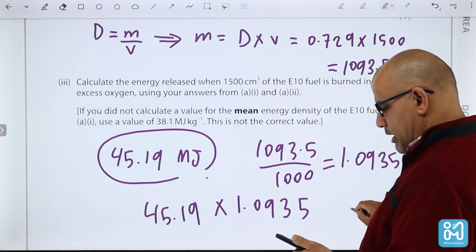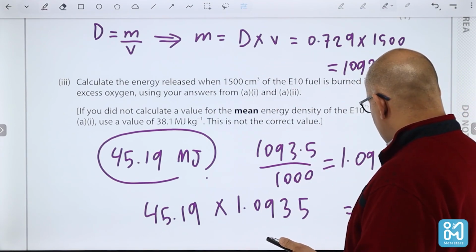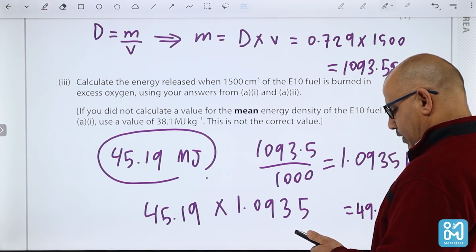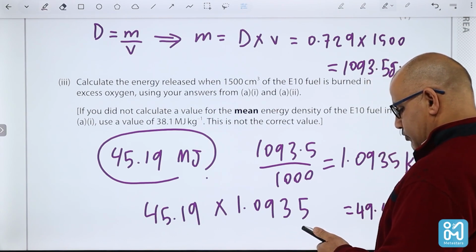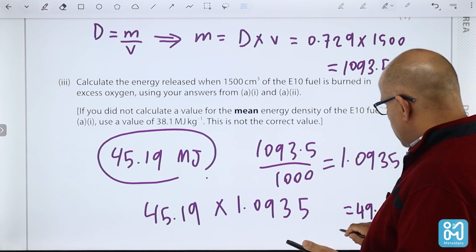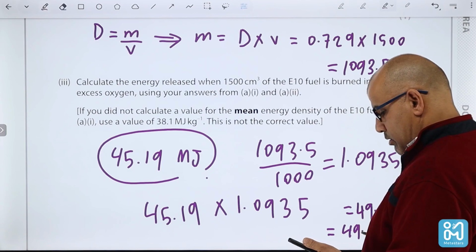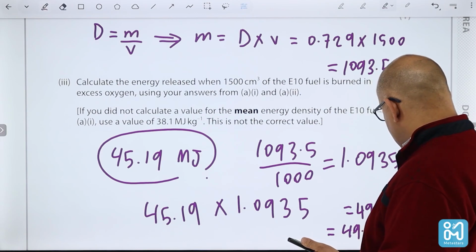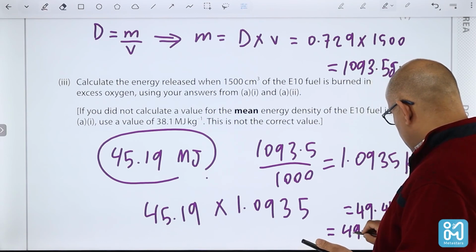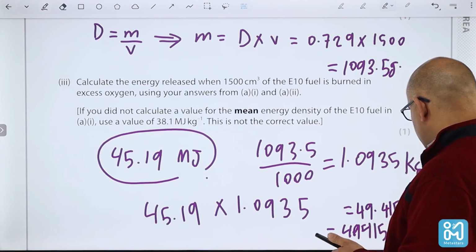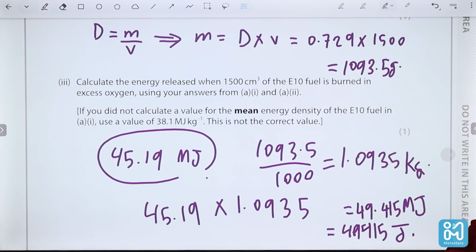This will give you 49.415 megajoule, which equals 4.9415 times 10 to the power 7 joules.